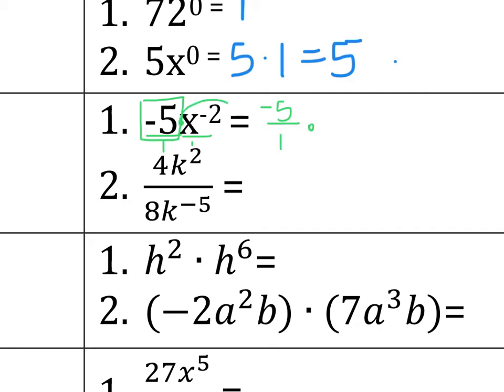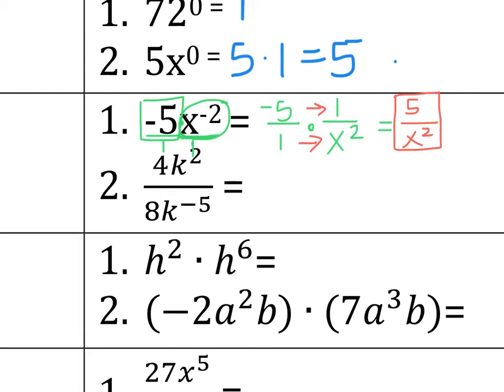The x to the negative 2, and again we wrote that as a fraction, does have a negative exponent, so the 1's going to go on top, and the x to the second is going to go on the bottom. And then we can multiply to simplify these fractions. 5 times 1 is 5, and 1 times x squared is x squared, and that's our answer.